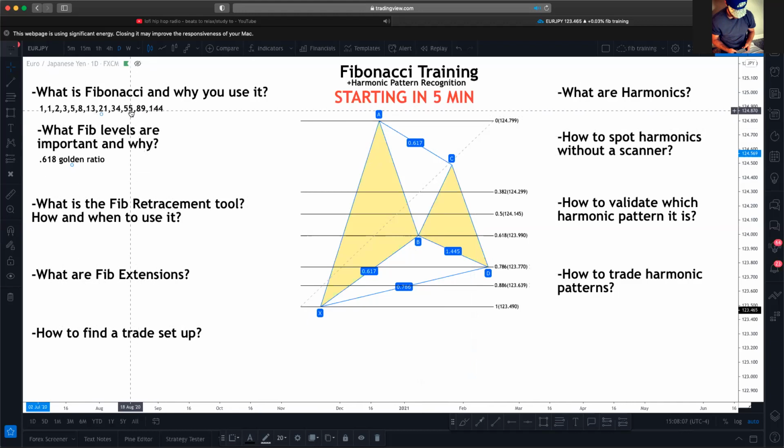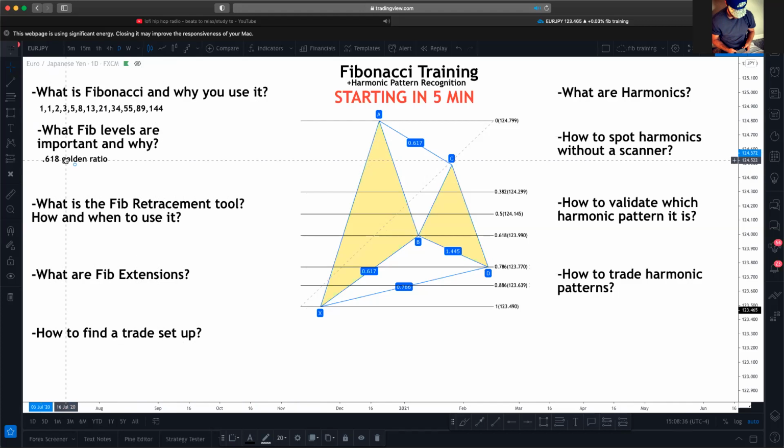Check it: 55 divided by 89 gives you 0.61797753. If you do 89 divided by 144, it gives you the golden ratio too, and so on. All of them give you that 61.8.